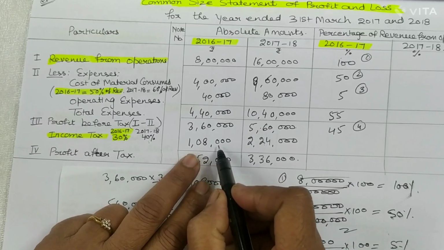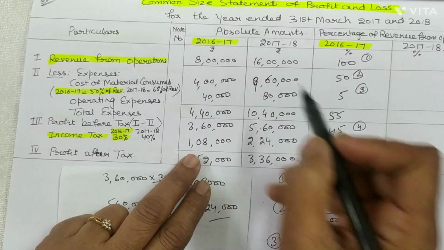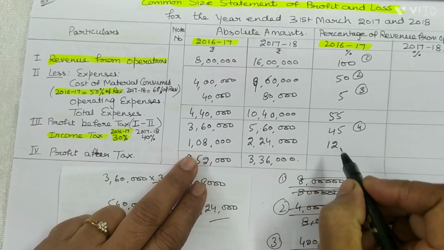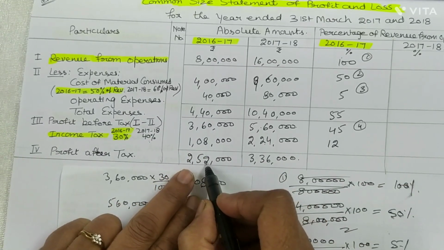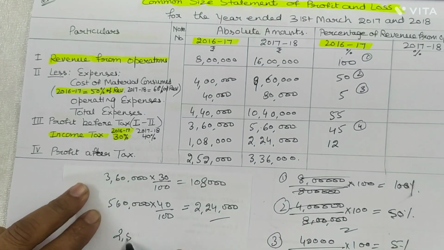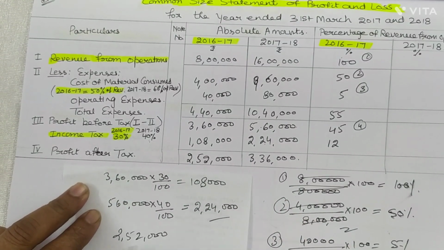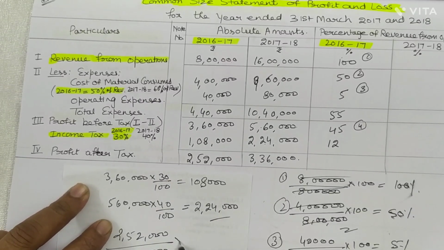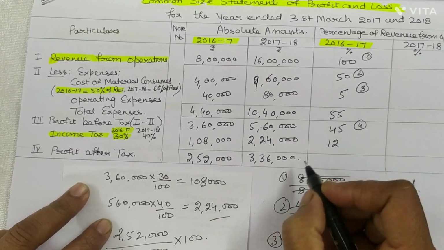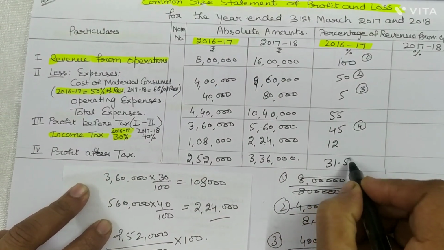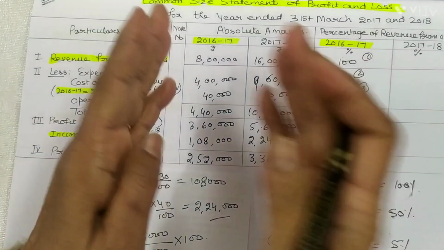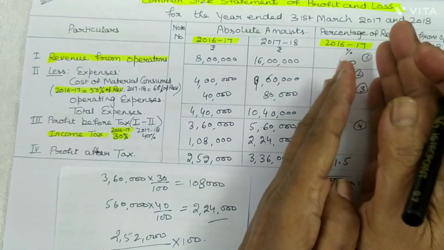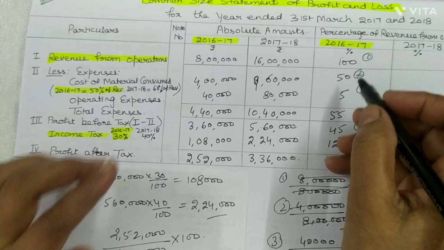Income tax is 1,08,000 divided by 8 lakh into 100 is equal to 13.5%. Then 2,52,000 divided by 8 lakh, that is common base of previous year, into 100 is equal to 31.5%. Okay, in this way I have found out the previous year percentage of revenue from operation.